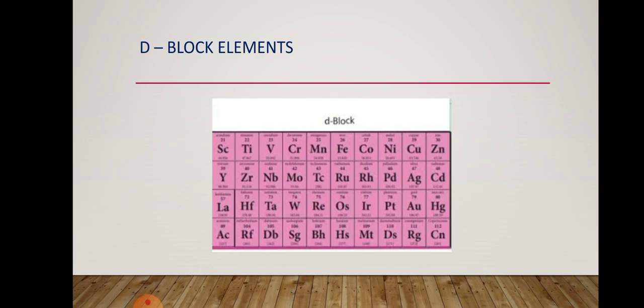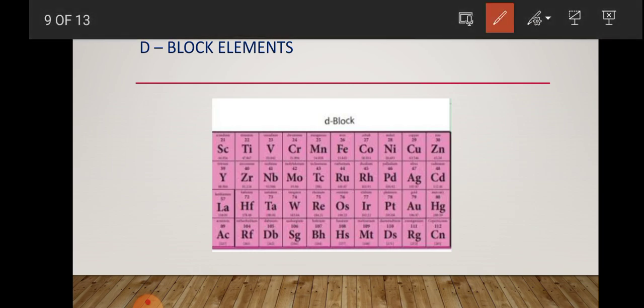The electronic configuration of this category is (n minus 1) d 1 to 10 ns 1 to 2.